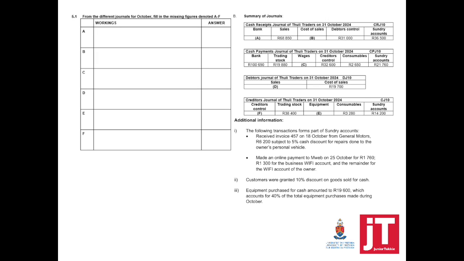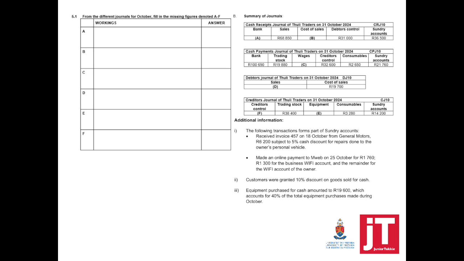So starting with question number 1, solving number A. You should know that when we've done the cash receipts journal, you have learned that from the cash receipts journal, bank and cost of sales will always be debited. The rest is going to be credited.